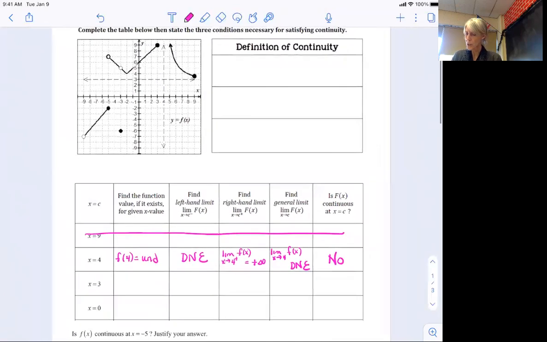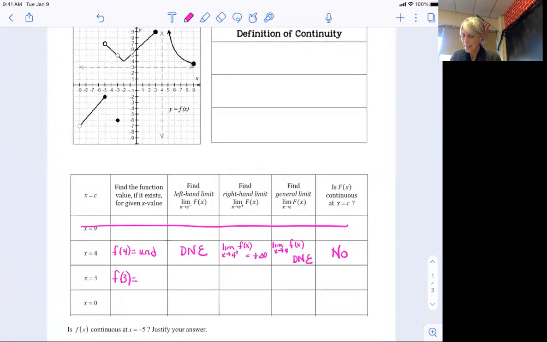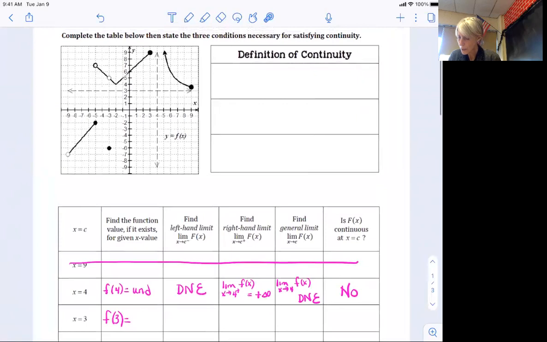Let's look when x equals 3. So now I'm going to go here on the graph of my function. F of 3. When I plug in 3, what do I get as my answer?